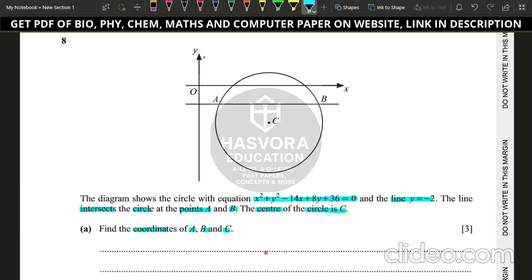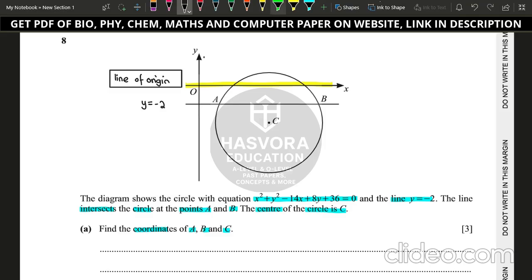So first of all, what will be my line of action? This line that is being given to you is your line of origin, at which your y is 0. And then the line that is given beneath that is y is equal to minus 2.